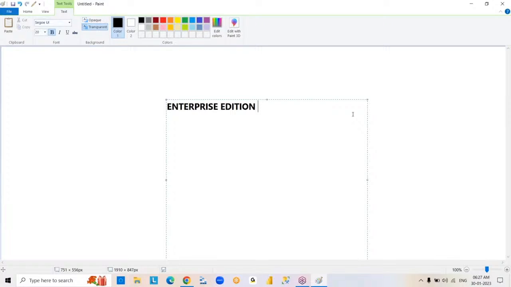That means maximum scenarios for production server, right? And for production server, we are going to use enterprise edition only.